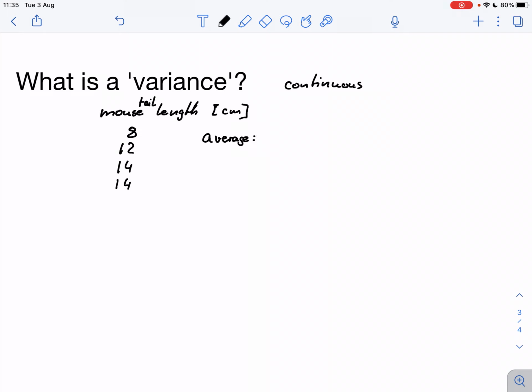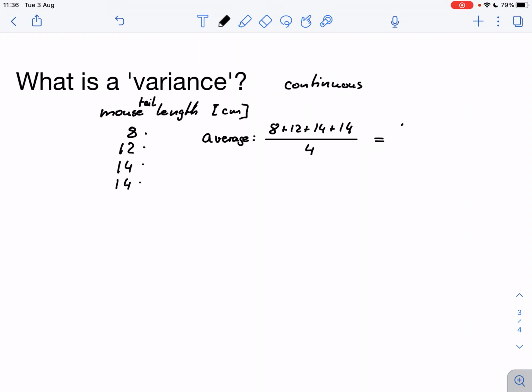The average is we add all the tails up and divide by the number of observations. So we've got 8 plus 12 plus 14 plus 14, and we divide this by the number of observations that we have. In this case we have 1, 2, 3, 4 observations, so we've got 4 mice. 8 plus 12 is 20, 34, 48.